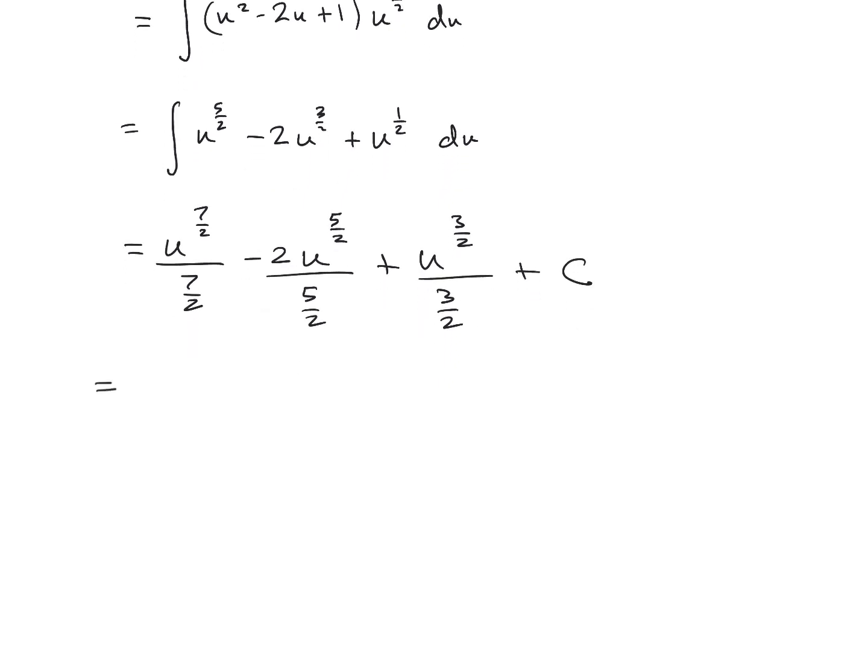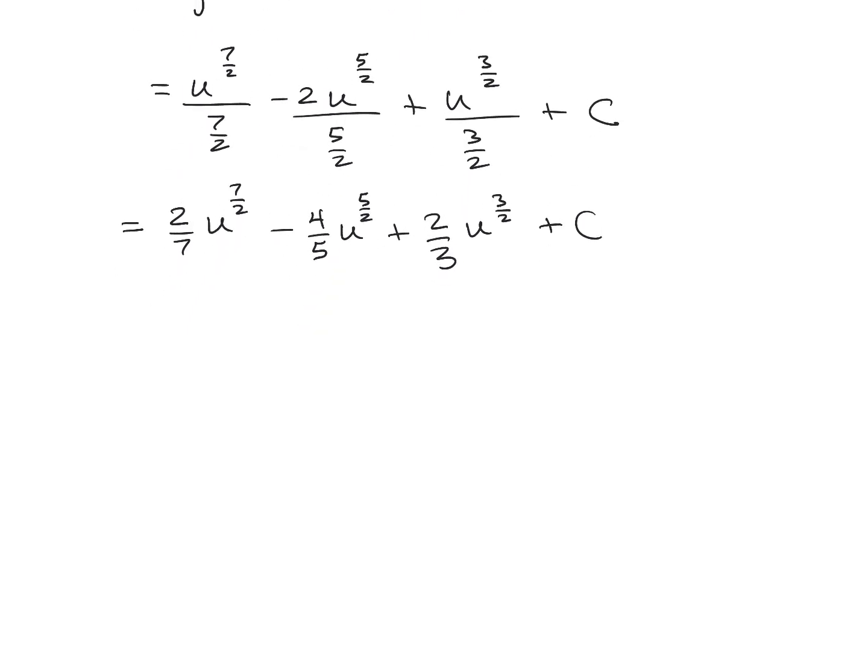And now we're going to multiply by the reciprocals. So we're going to have 2/7 u to the 7 halves minus 4/5 u to the 5 halves plus 2/3 u to the 3 halves plus c.